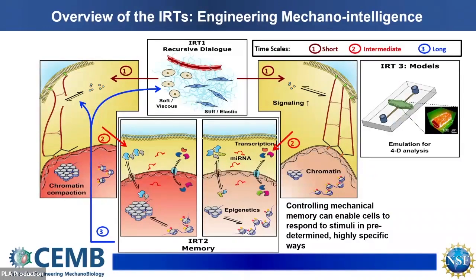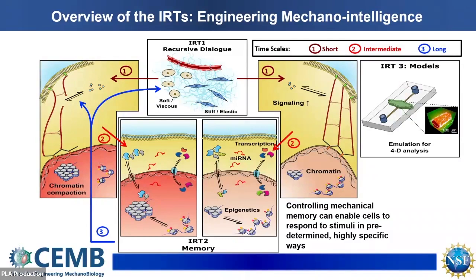Okay, so you saw this slide, I think, with Vivek yesterday, and so again, when we think about these IRTs, IRT1 is that recursive dialogue with the cells and the matrix, understanding how mechanics influences the cell behavior in that respect. And then the IRT2 is the nucleus and nuclear memory.